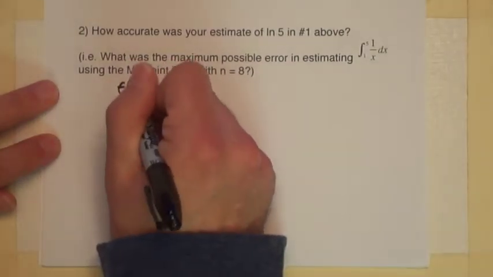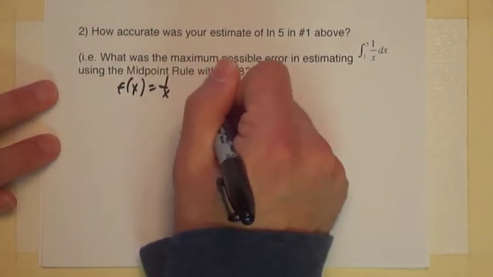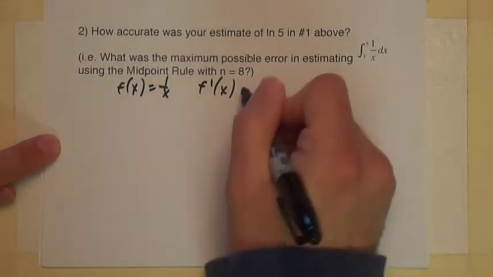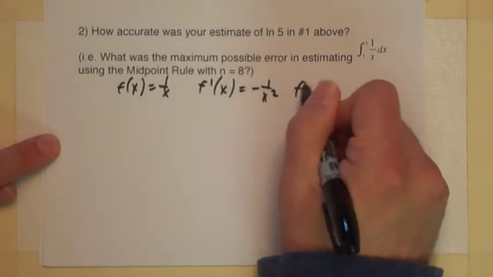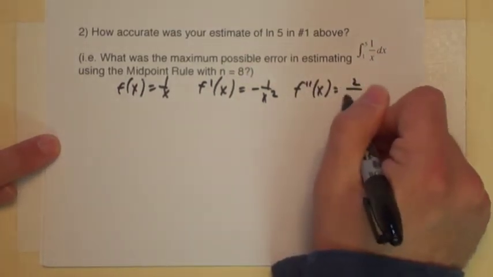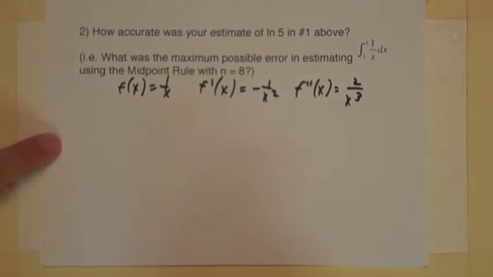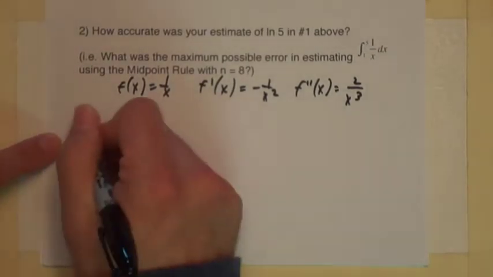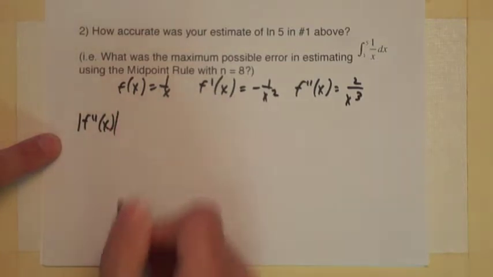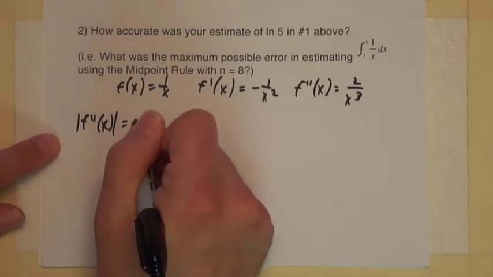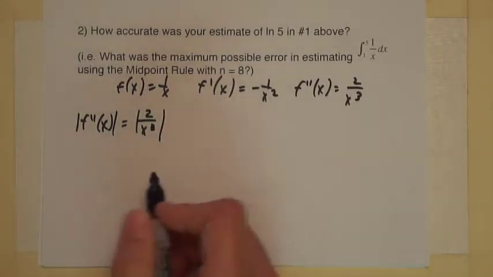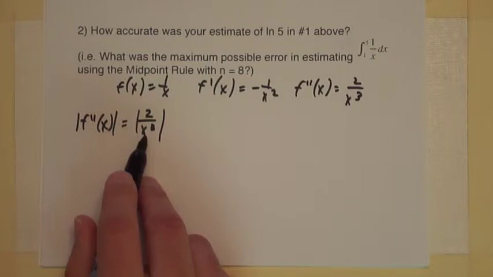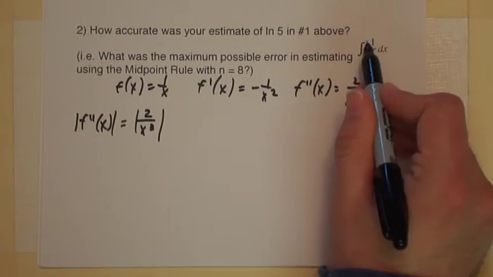So let's see. If f of x is 1 over x, then f prime of x is negative 1 over x squared. And so f double prime of x is 2 over x cubed. So our k depends on absolute value of f double prime of x. So what is that? That's absolute value of 2 over x cubed. Now we need to choose a number that's definitely bigger than the biggest that this ever gets on the interval from 1 to 5.